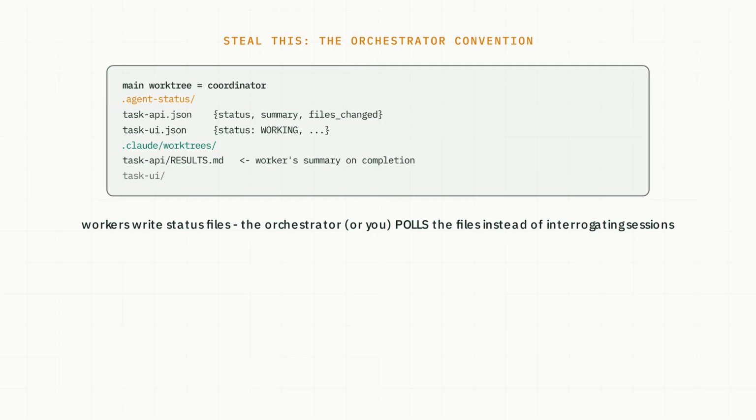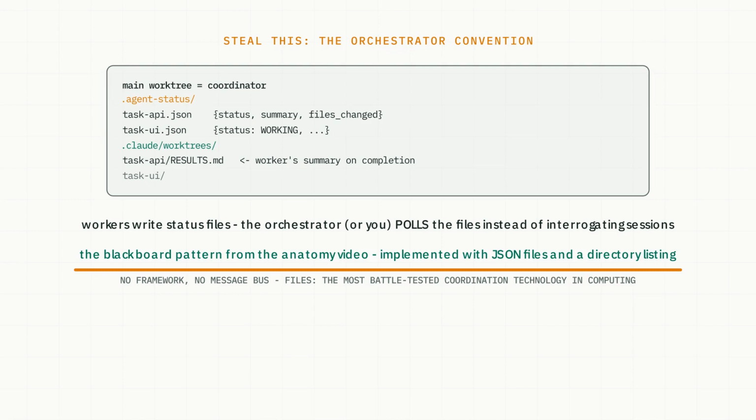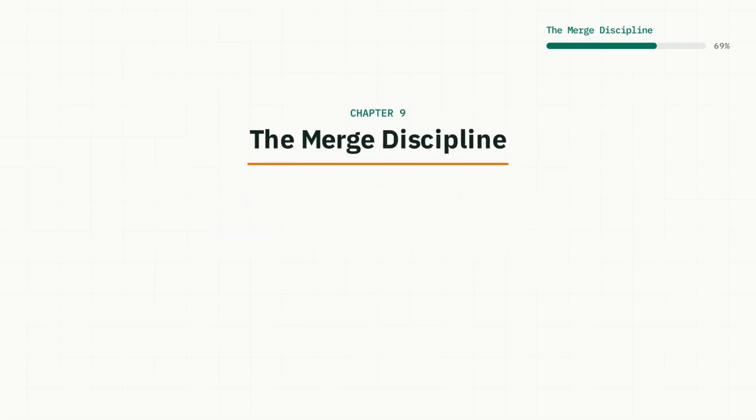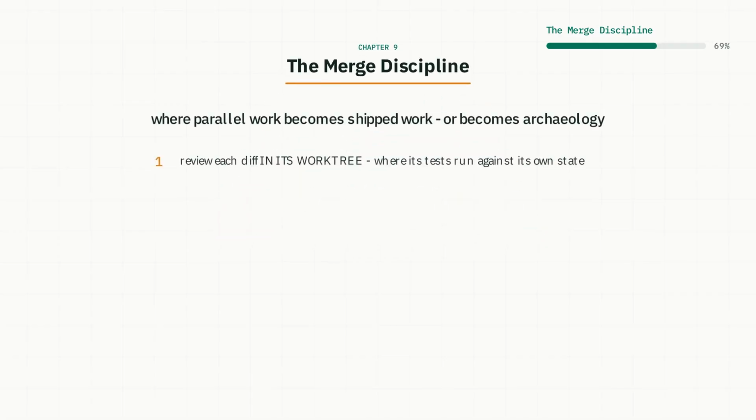The orchestrator, or you, polls those files instead of interrogating sessions. It's the Blackboard pattern from the anatomy video, implemented with JSON files and a directory listing. No framework, no message bus, no magic. Files, the most battle-tested coordination technology in computing. Chapter 9, the merge discipline, where parallel work becomes shipped work or becomes archaeology.